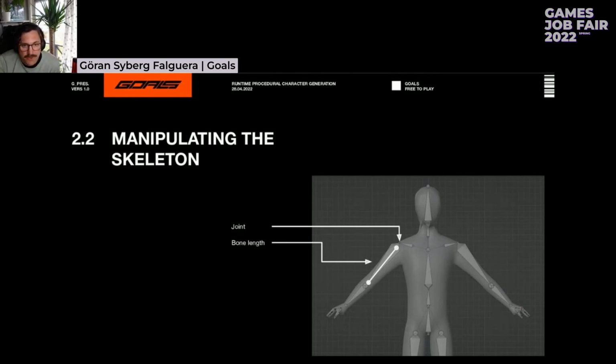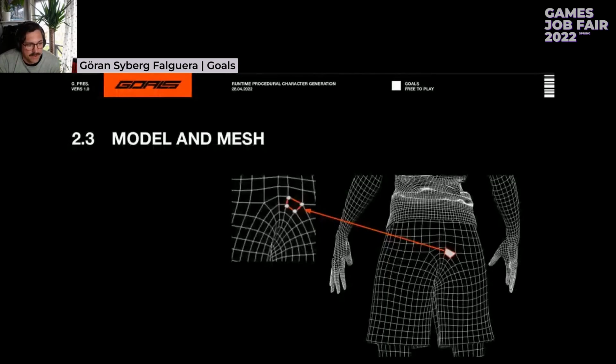Now we move on to what is arguably the most complex part of a character. This is the model, which is defined by the mesh. And the model is essentially made up of a number of dots in space. They're called vertices.